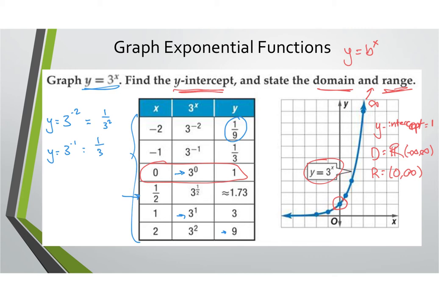When you have this type of thing, okay, where you have a spot the graph will never touch, it'll get close to it, but it won't touch, it's called the asymptote. Asymptote.